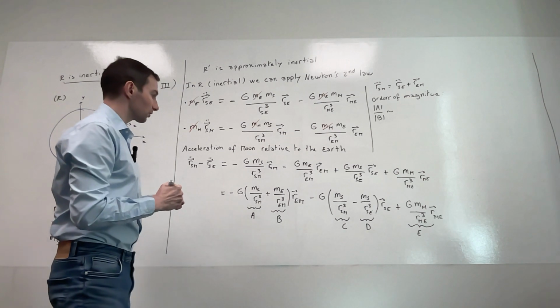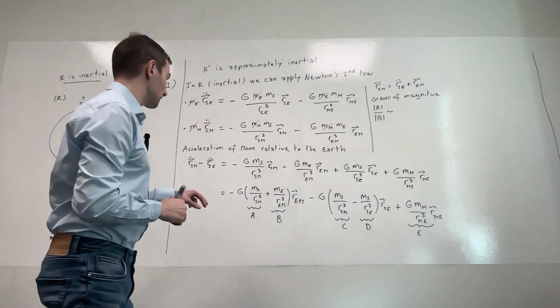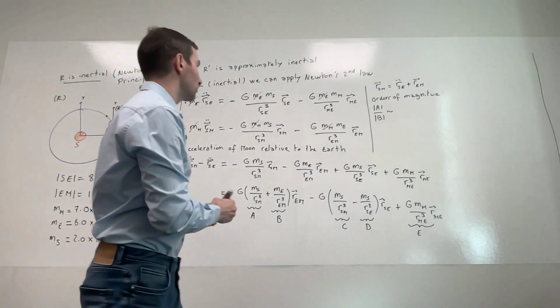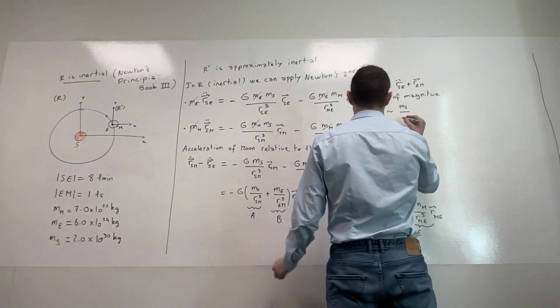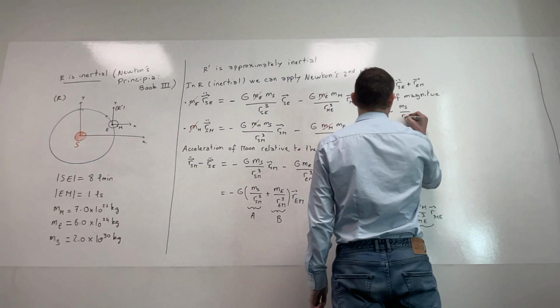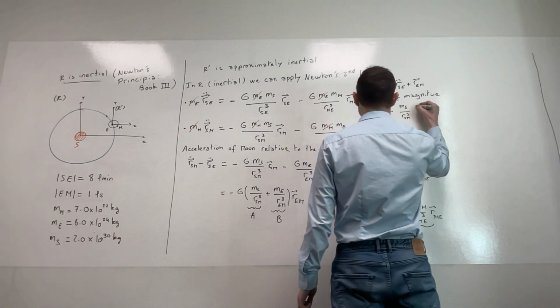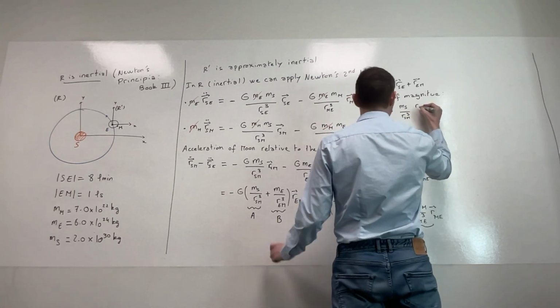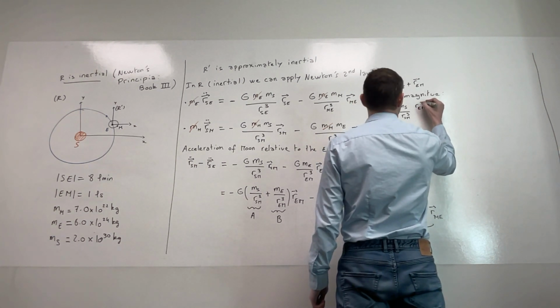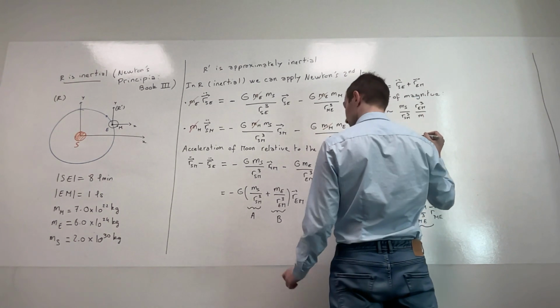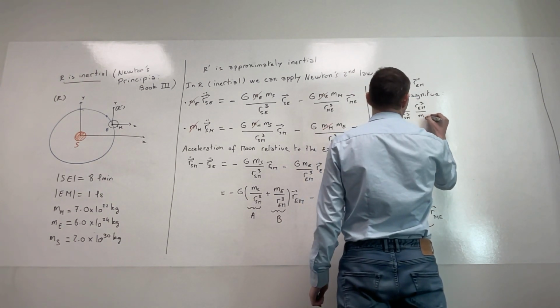So if you look, for A, we are going to get MS here, divided by RSM cubed, and then here we are going to get REM cubed, and then divided by ME, right?